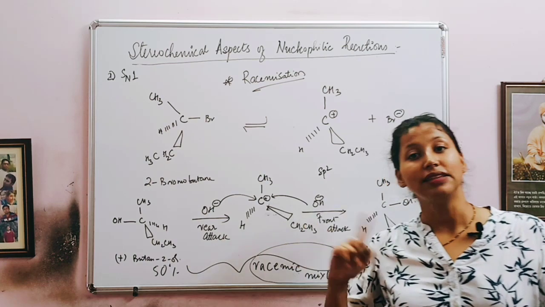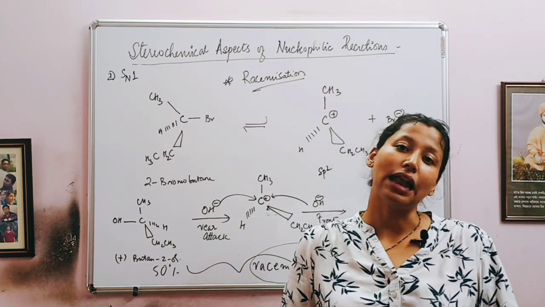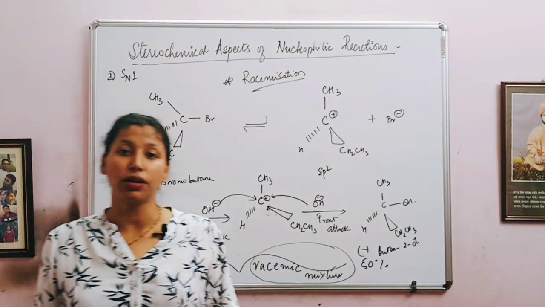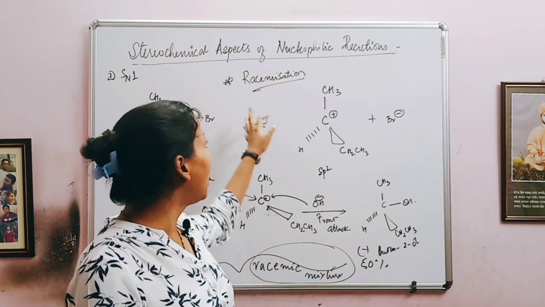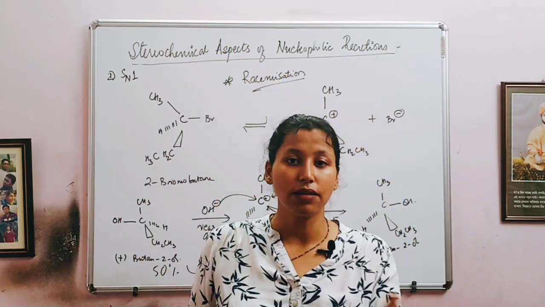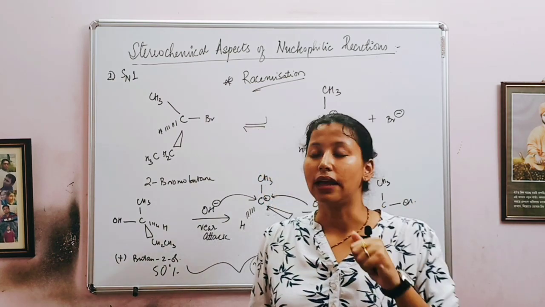Plus and minus in equal proportions will cancel out, and then there will be no rotation at all. Okay, so with this I have finished discussion about optical activity and how Sn1 and Sn2 mechanisms are affected by optical activity.